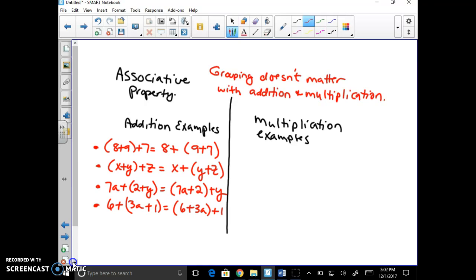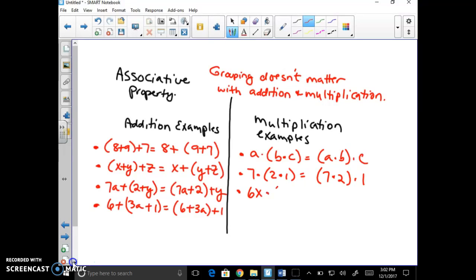Under the multiplication examples, (a times b) times c equals a times (b times c). Next one, (7 times 2) times 1 equals 7 times (2 times 1). Next example, (6x times 2y) times 3 equals 6x times (2y times 3).